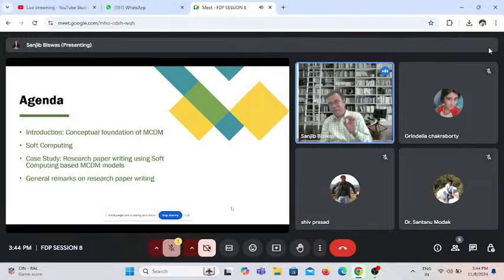Then, since the topic has one part called research paper design and writing, I would show two papers where soft computing based MCDM models are applied. And there I would explain the step by step approach that one should follow to design and write a research paper. And at the end of the session, I would touch base on certain aspects of research paper writing, some general remarks.